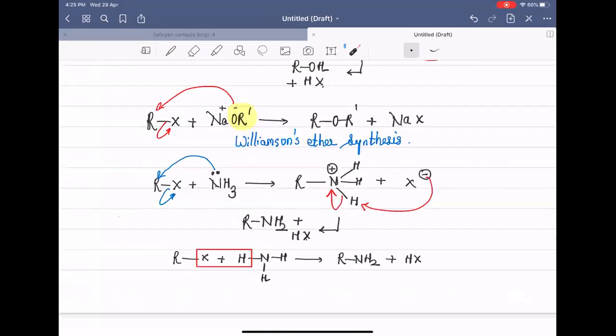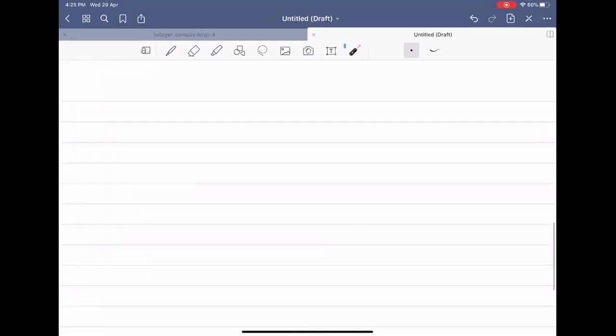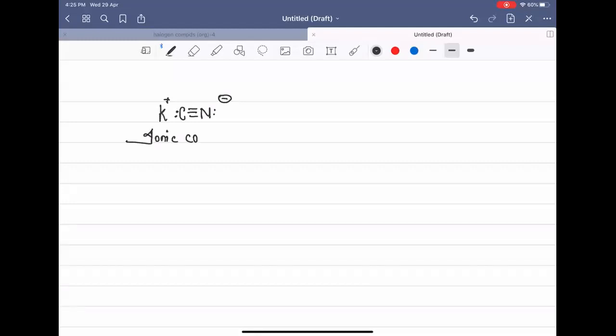So going back to that, let us understand what this AgCN is all about and KCN. When you take KCN, you have lone pairs on both carbon and nitrogen. It is an ionic compound.